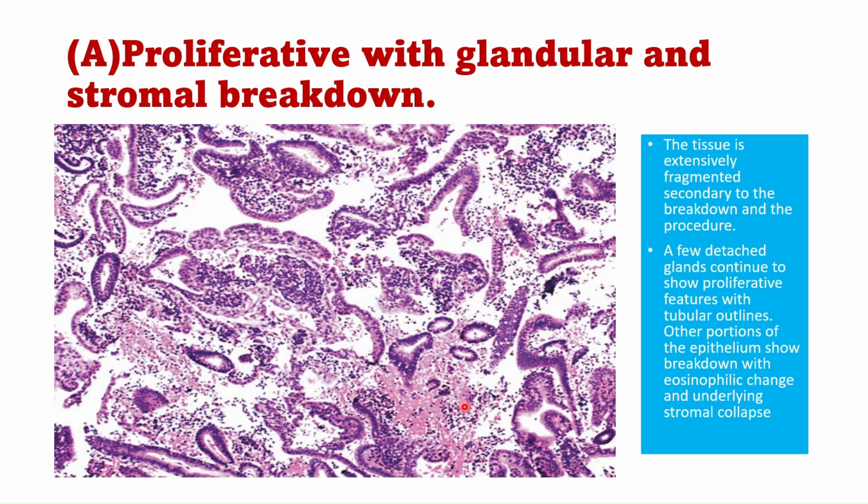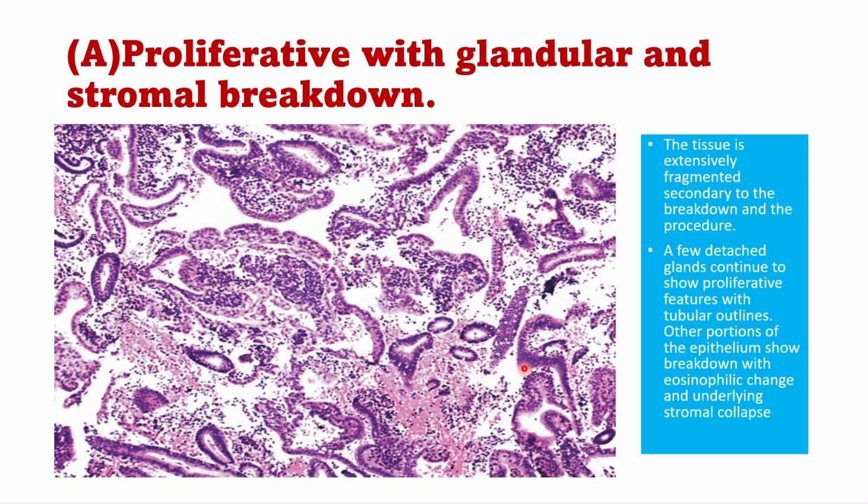Now, the first pattern with estrogen-related bleeding is proliferative with glandular and stromal breakdown. Whenever there is estrogen-related bleeding, you will always see proliferative glands. No secretory change will be identified. Here, there is excessive fragmentation of glands and a total breakdown of stroma.